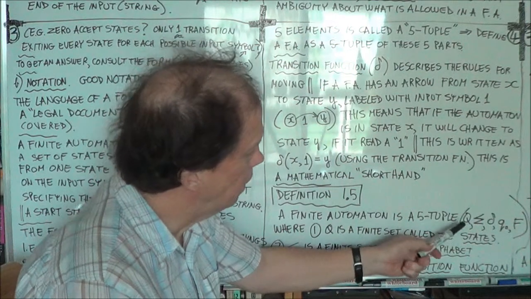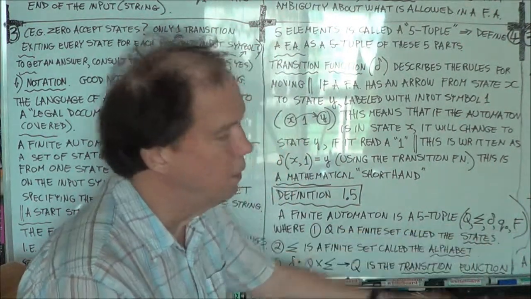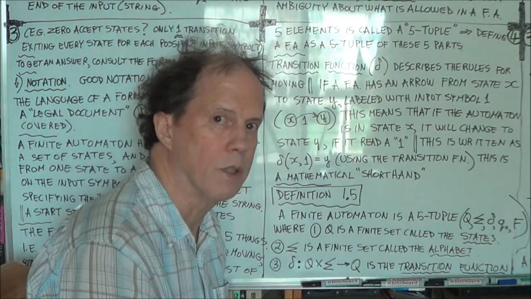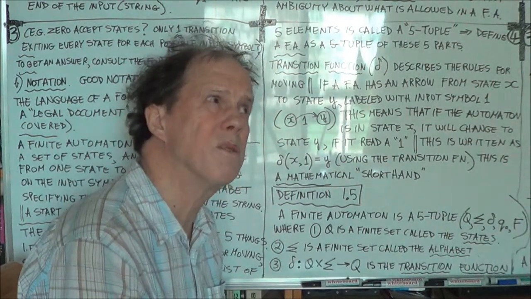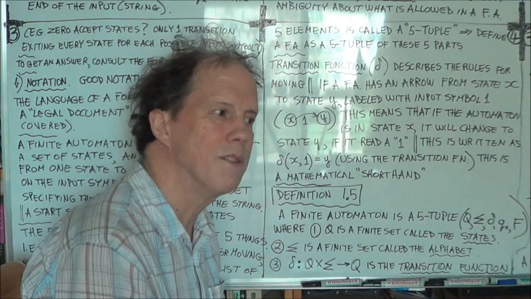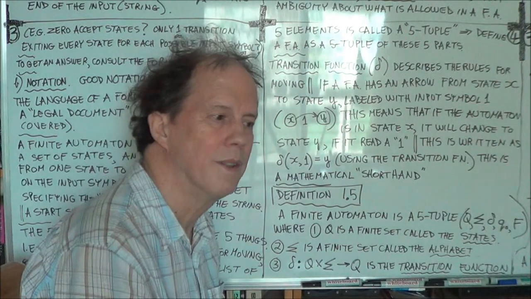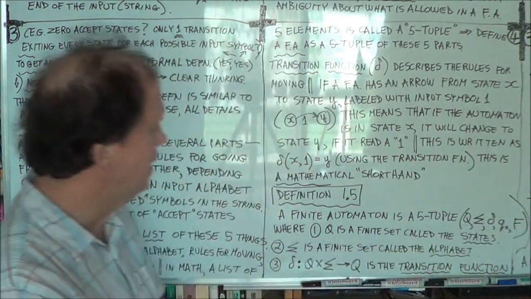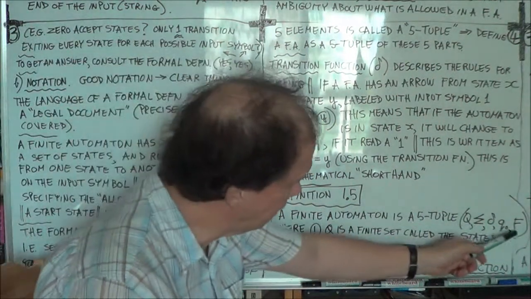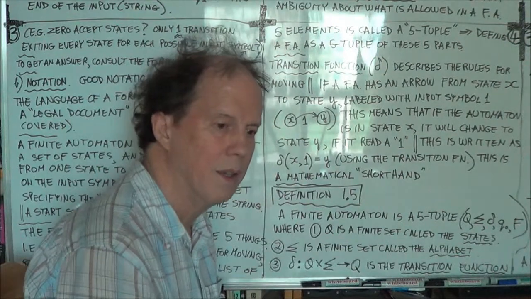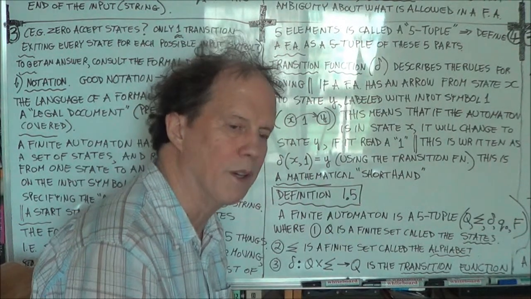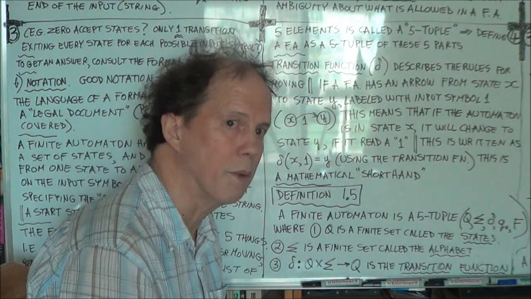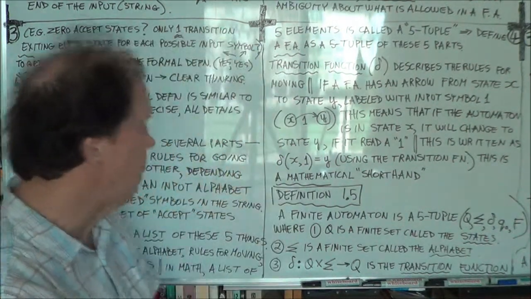So you see this 5-tuple. That gives you a complete description of your automaton. Complete description? Doesn't tell you what its function is. Debatable. Okay. Anyway, that's the formal definition of an automaton. Now, from this, you can probably work out what its function is. Probably certainly. Okay. All right.